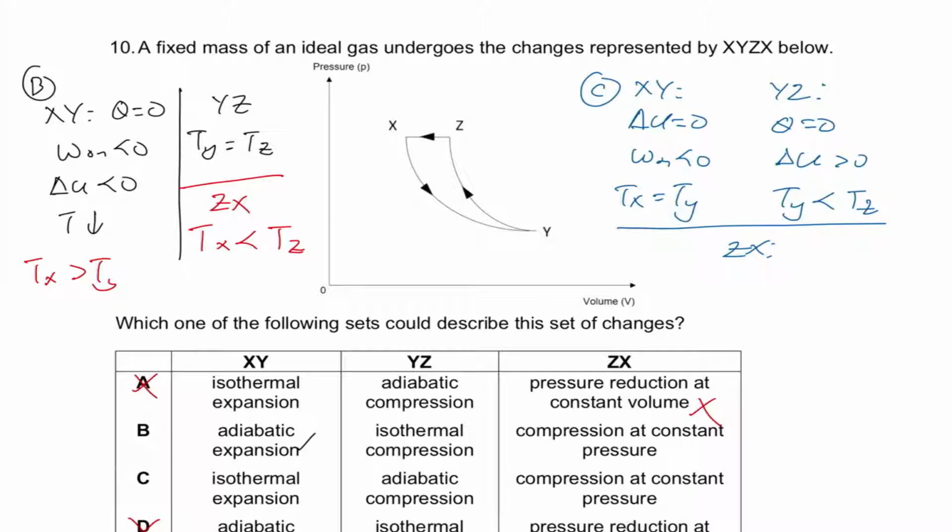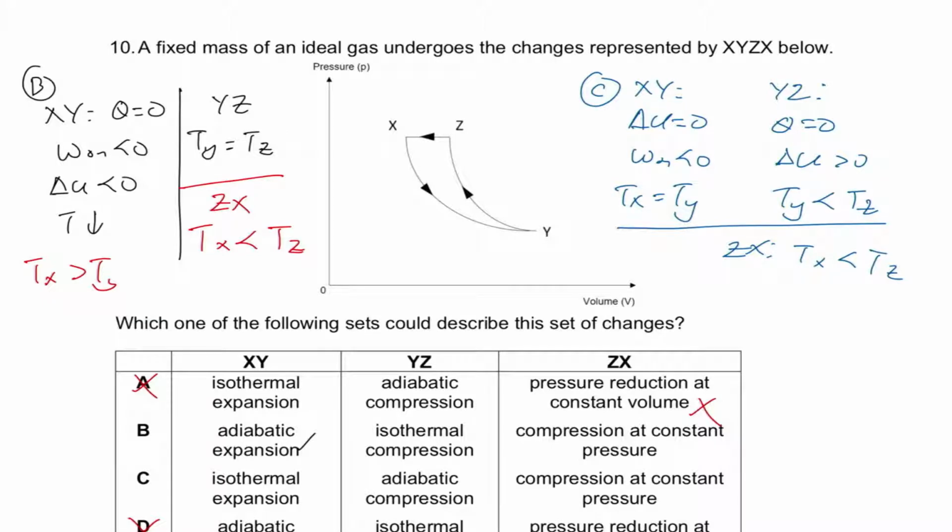In this case, your Tx should be smaller than Tz, which now makes sense, because from Tx to Ty there's no change in temperature, and from Ty to Tz there's an increase. So Tz is higher than Ty, which is equal to Tx. Then to come back to Tx represents a drop in temperature because you're doing compression. So the answer is C.